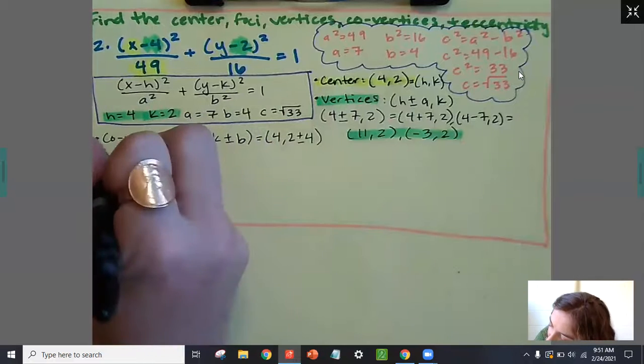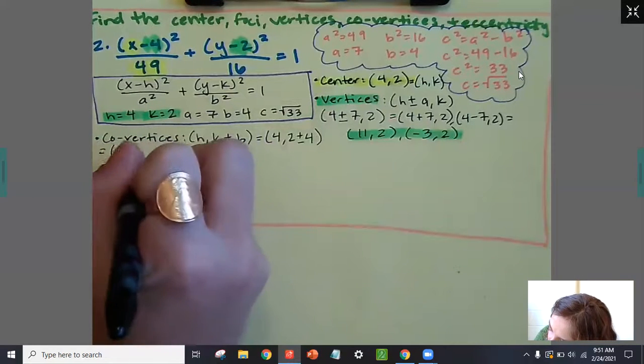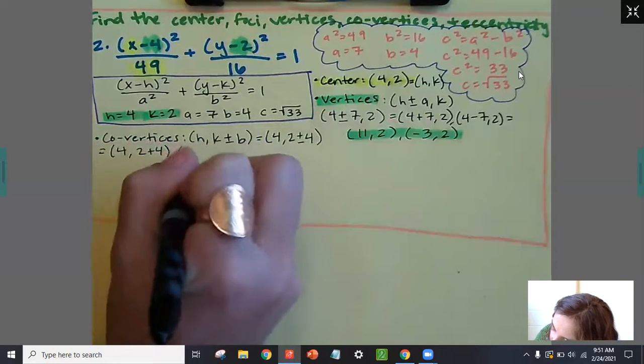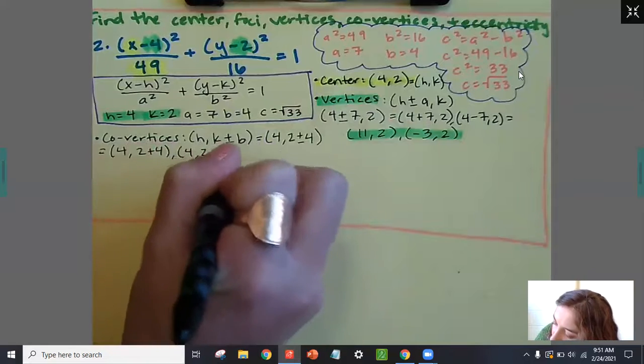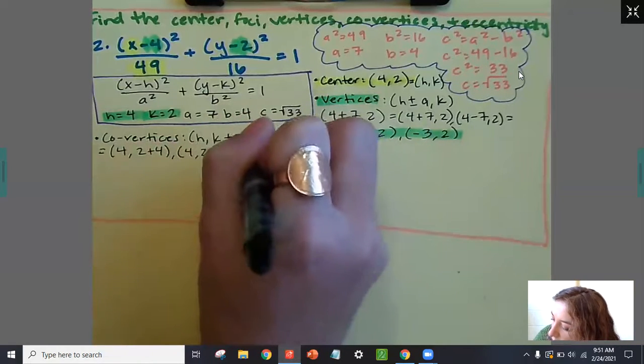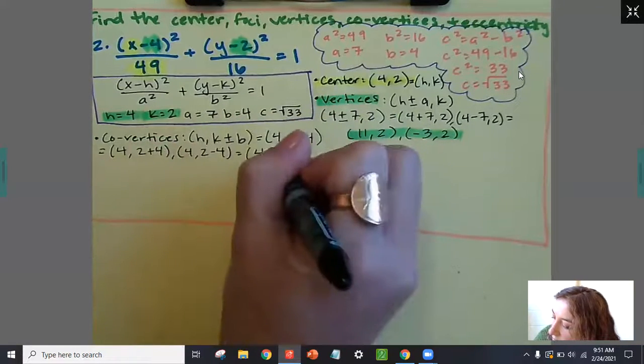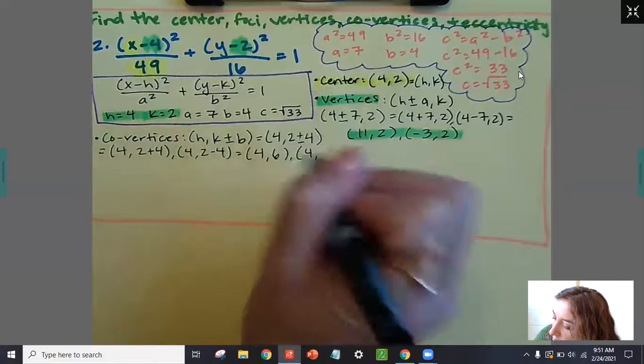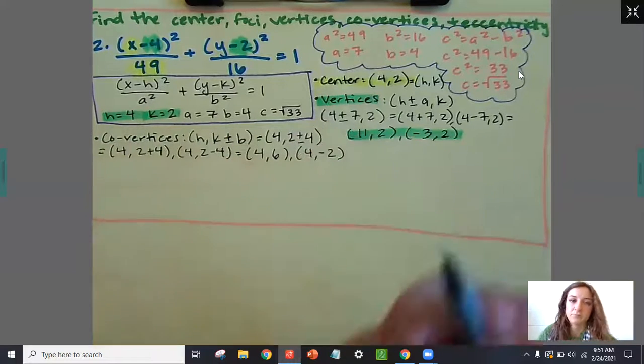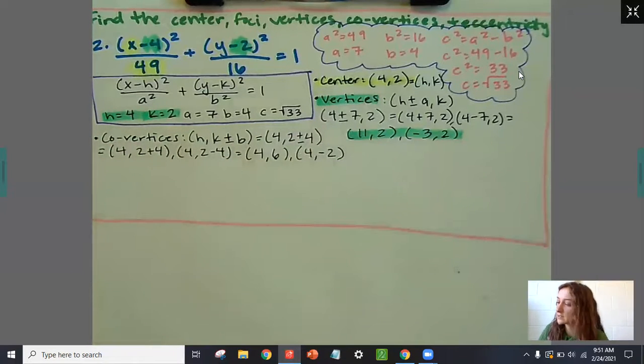Okay, so writing this all out, it's going to be 4, comma 2 plus 4, and then we also have 4, 2 minus 4. So we're going to get 4, 6, and 4, negative 2. Okay, so these are our co-vertices.